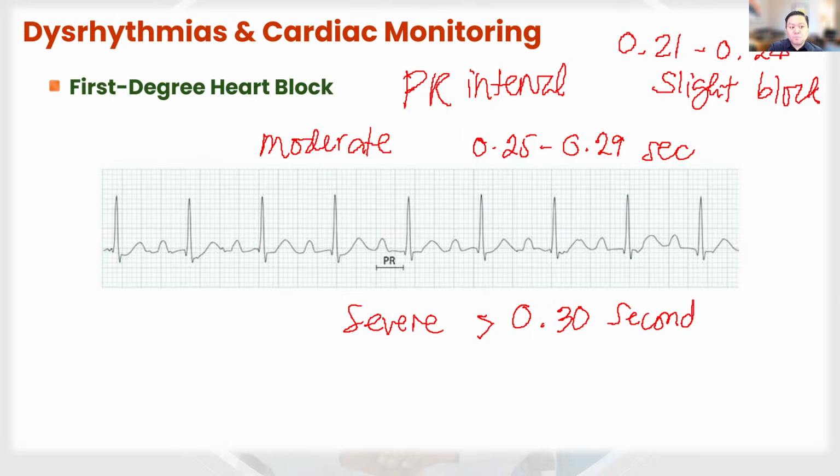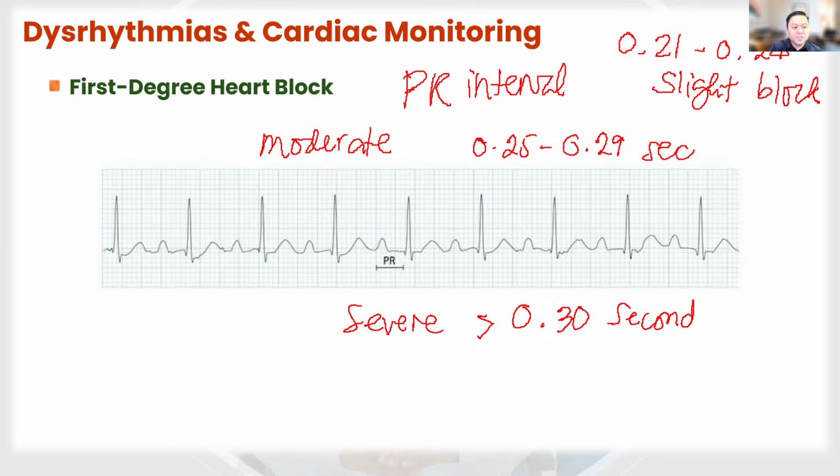The problem itself can occur even in a healthy individual. Maybe the patient has been taking some kind of antiarrhythmic medication, or maybe they have had rheumatic fever, or maybe they have some electrolyte disturbances.